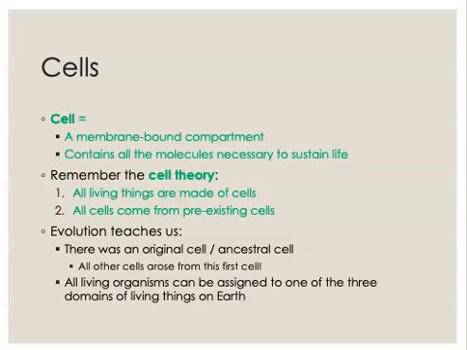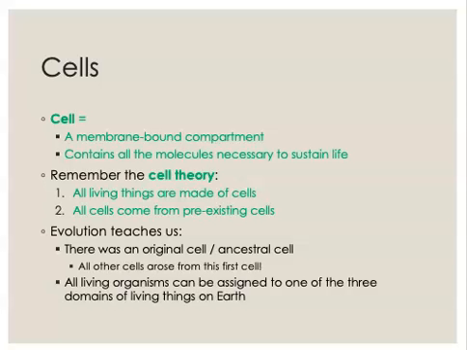Remember, a cell is essentially a membrane-bound compartment within a living organism. It contains all of the molecules that are necessary to sustain life. The cell theory tells us that all living things are made of cells, and that all cells come from pre-existing cells through the process of cell division.